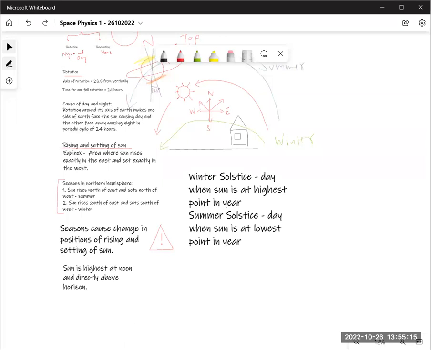Now, one thing we need to talk about is the next thing we have after this, the phases of the moon. We have the orbit velocity, the equation for that.